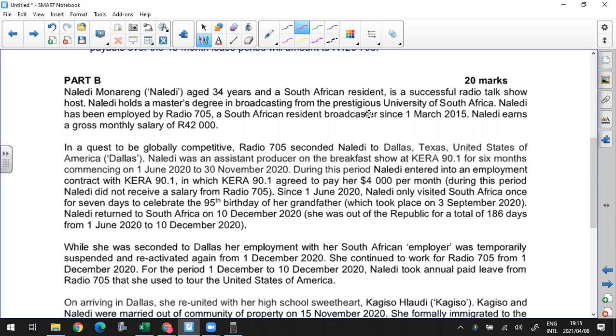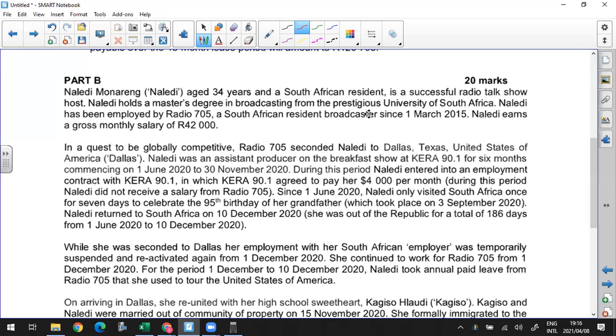So it says there, in a quest to be globally competitive, Radio 705 seconded Naledi to Dallas, Texas, United States of America. She was assistant producer on The Breakfast Show for 6 months, commencing on 1 June 2020 through to 30 November 2020.